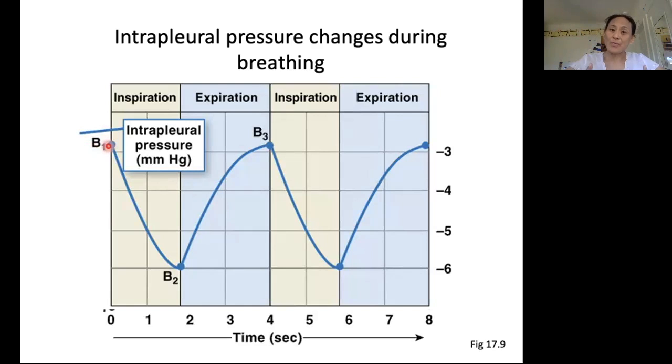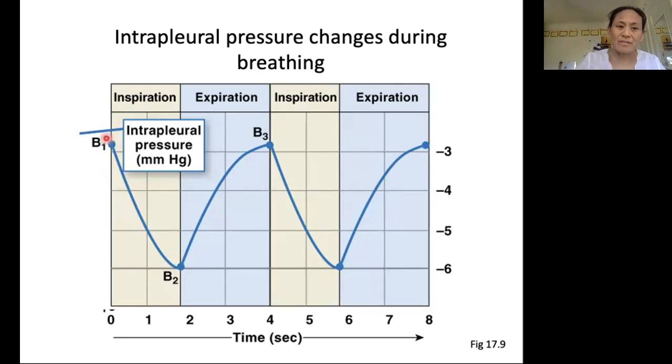Okay, as we expand our rib cage, basically we're increasing the outward pull on the pleura, right? Remember, we have this outward pull of our rib cage. Remember, our lungs are still trying to collapse, basically, right? So we're expanding that pull on the intrapleural space, okay?